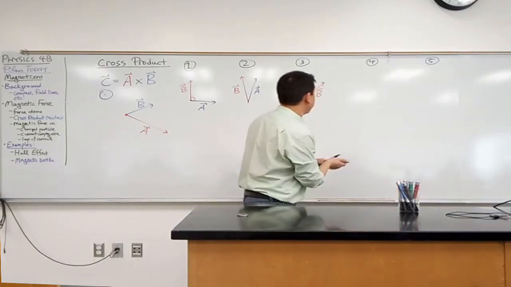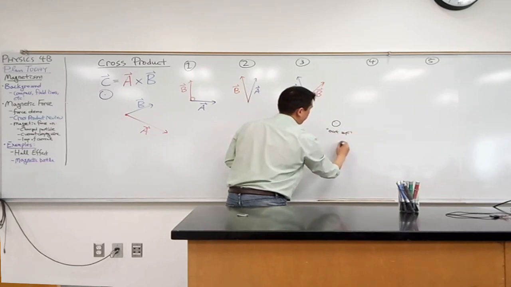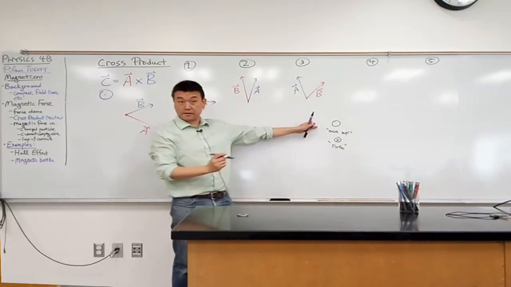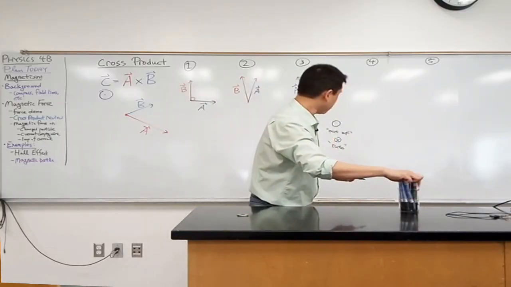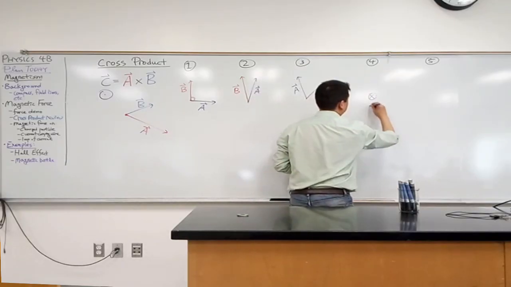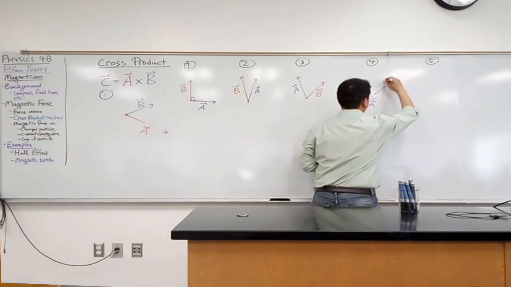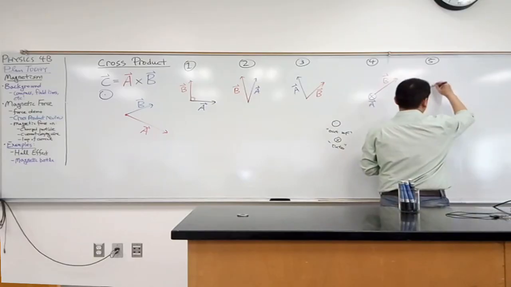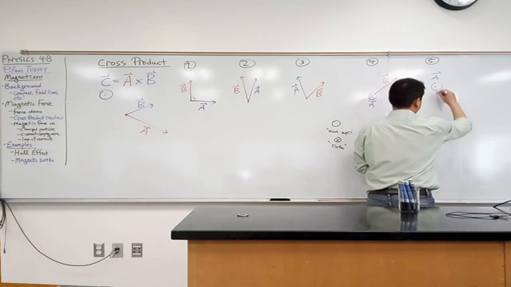Everyone here remembers the notation that this means out of, and this means into? Let me write 2 vectors here using that notation. Let's say A is going into the board, and B points this way. And let's say A comes out of the board, and B points downward.